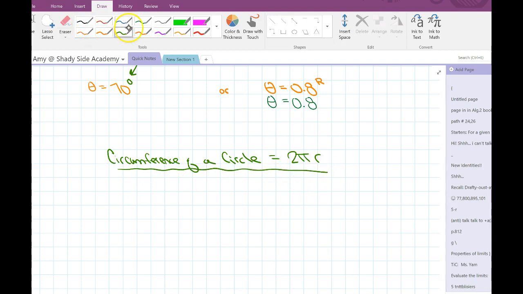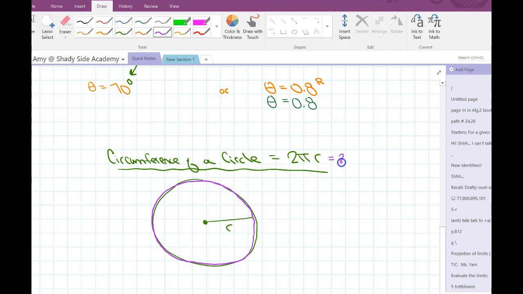What this is saying is that in a circle, if you have a radius here, the circumference, which is the distance around, equals 2 pi radius lengths, which is approximately 6.28 radius lengths.